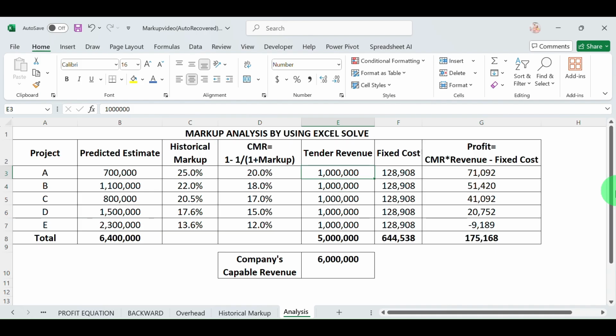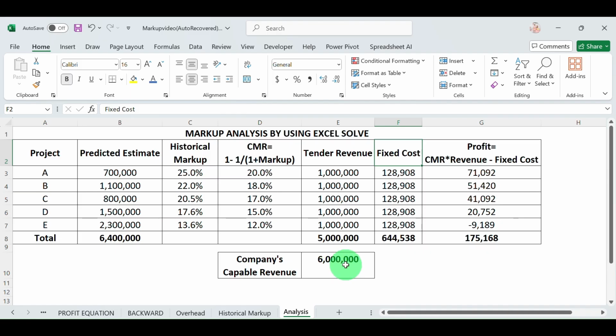In here, if it is 1 million, the fixed cost for each project is allocated around 128. It's the same for the 5 projects. And the company's capable revenue is a maximum of 6 million.